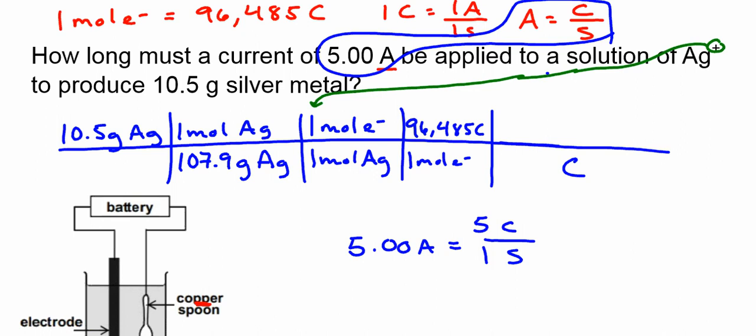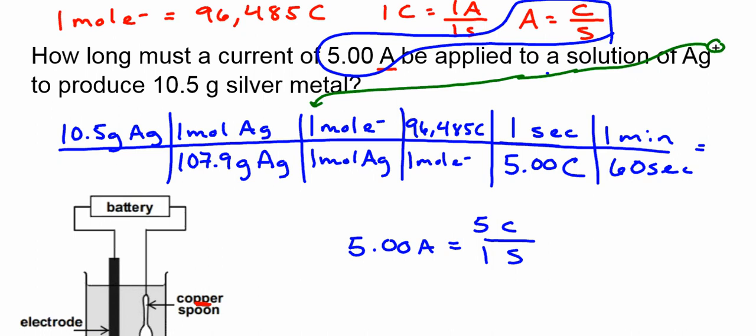Well, I have coulombs on the bottom, so that's where I put the 5. And I'm going to have 1 second on the top. And now here we go for time. It didn't say how long necessarily, so you could actually answer it, but let's say we do this in minutes instead. You would actually have to be asked the amount of time, so maybe seconds was good enough, but if it were minutes, that's what I could write.